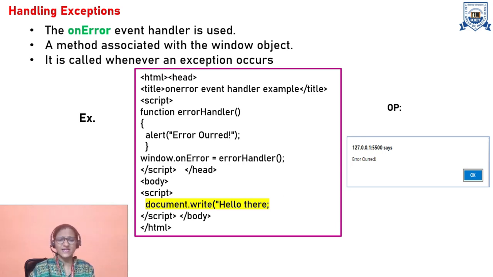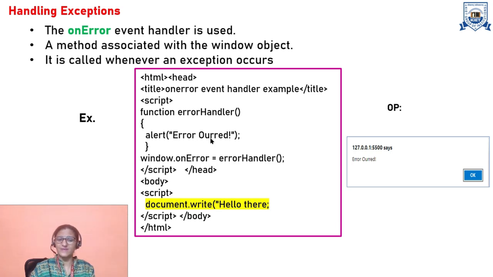There is no button, no click event or any event you have to perform, because as soon as our document gets executed in the browser window, the window has found the error. This handler will look over there that there is a mistake. It will be generated automatically and it will call the error handler function, and it will give you an alert window.